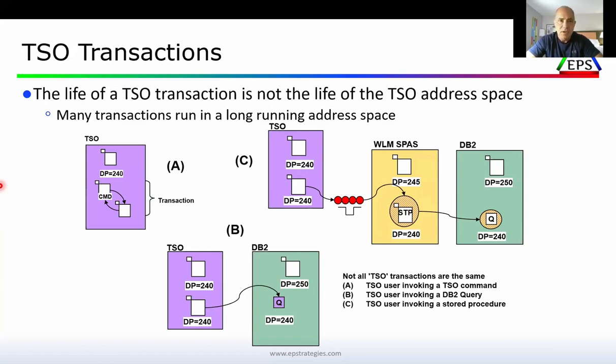So when we classify something with the TSO classification rules, what we're actually classifying is the address space. What's happening is we log in, the address space starts up, and the address space is a long-running address space, right?